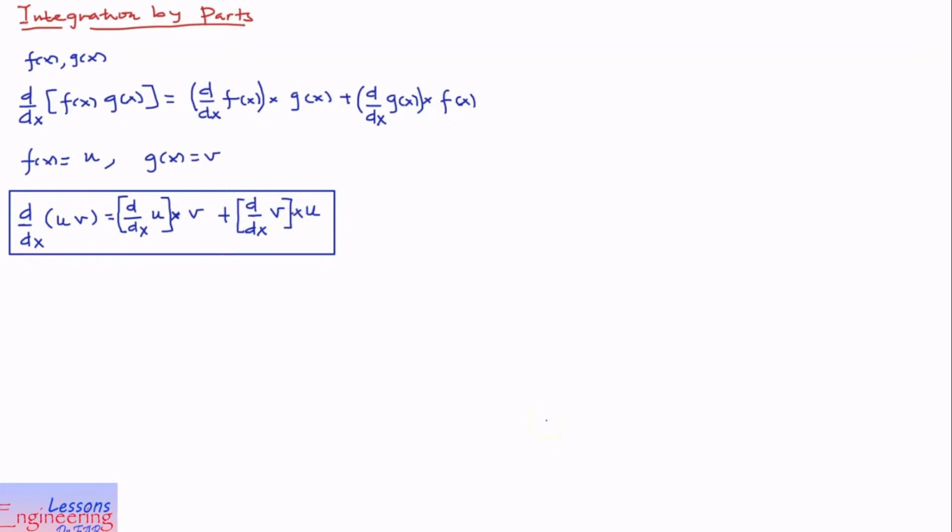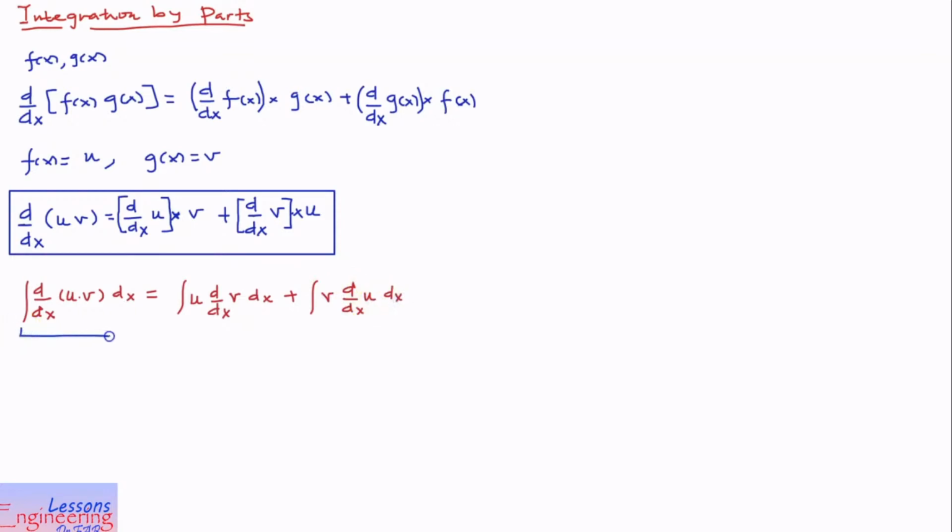If we take the integral of d by dx of u times v dx, this equals the integral of u d by dx v dx plus the integral of v d by dx u dx.